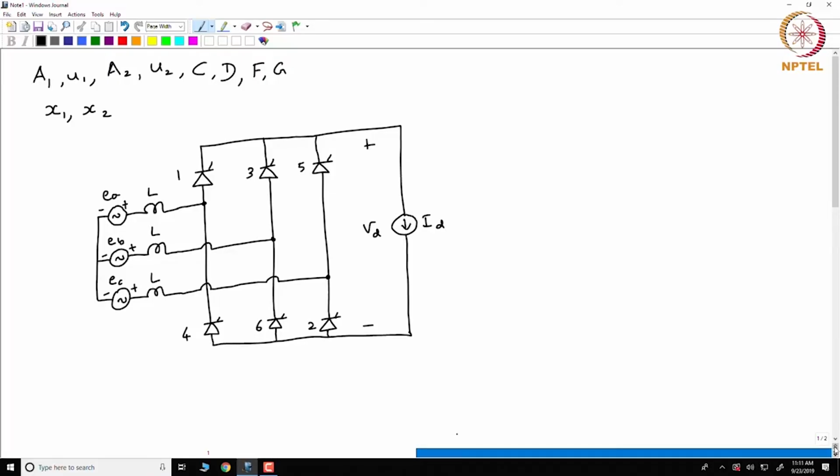In fact, D is also a known matrix. So, if you take the other equation which relates x1 and x2 through F and G, that gives some hint.